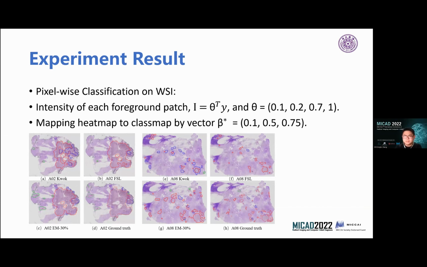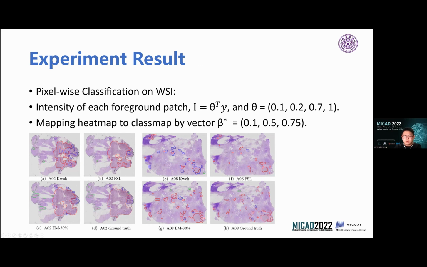As you can see, our method with 30% annotated dataset achieves the best performance with a score of 0.785, which is much better than the score of Quark and the other settings of our method. The three methods perform relatively well in detecting large areas of cancer.